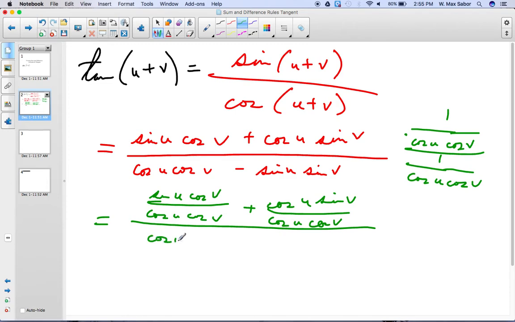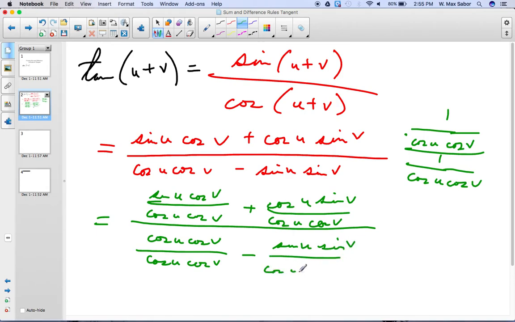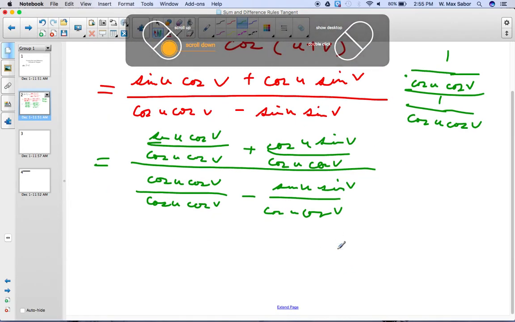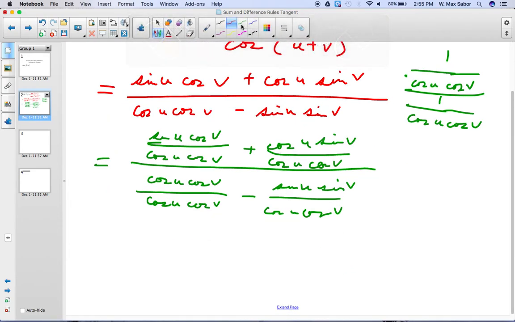And then we have cosine u cosine v over cosine u cosine v minus sine u sine v over cosine u cosine v. That looks bad, but if we notice, there's a lot of canceling that goes on.